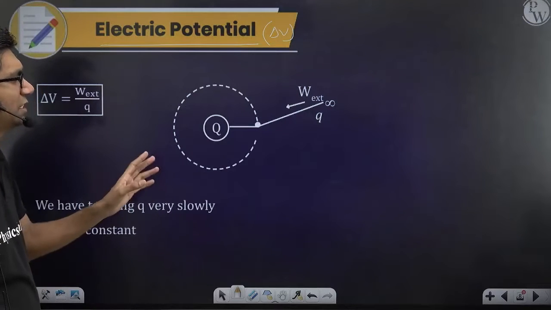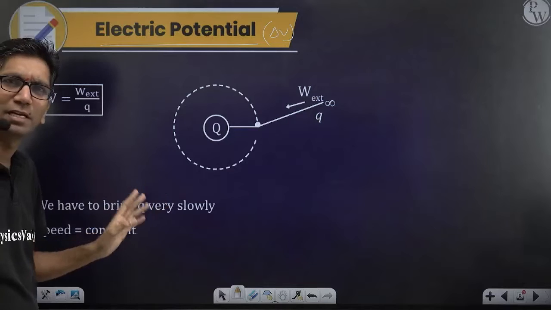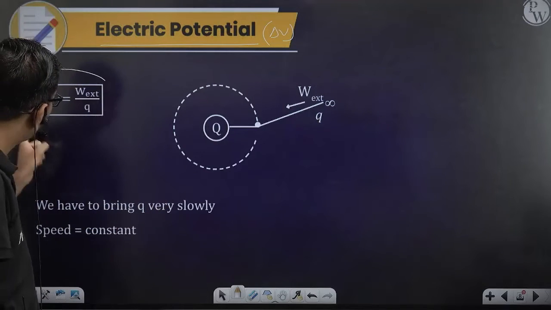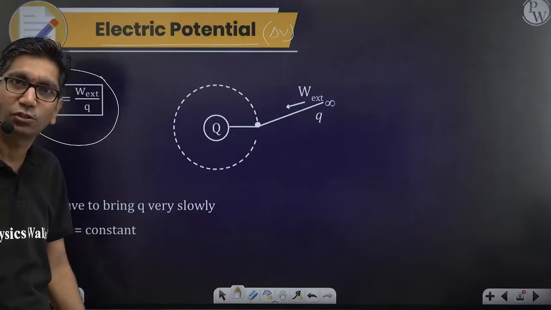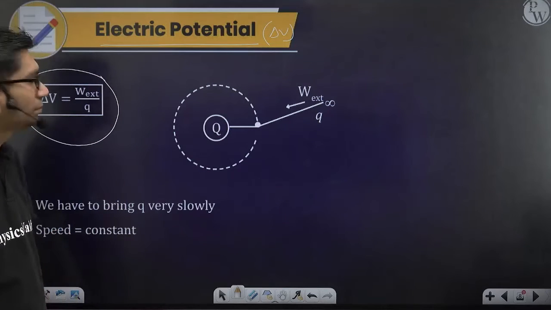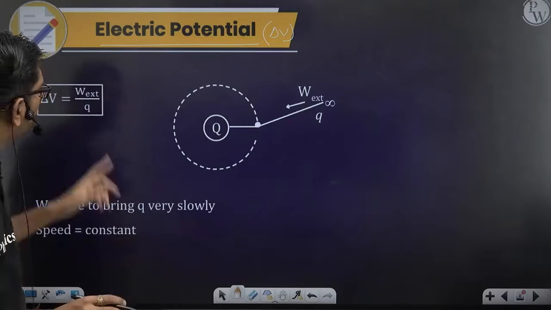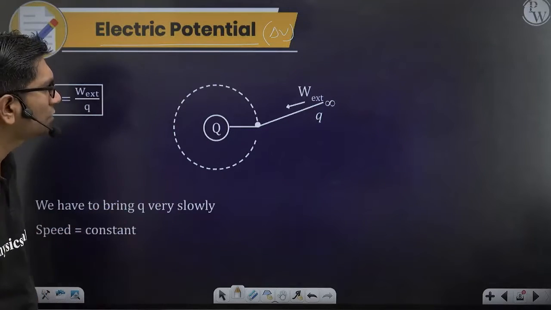Just remember the formula. Based on this formula you have so many numericals to solve. This is a very important formula. See here, I will now explain what exactly this is.